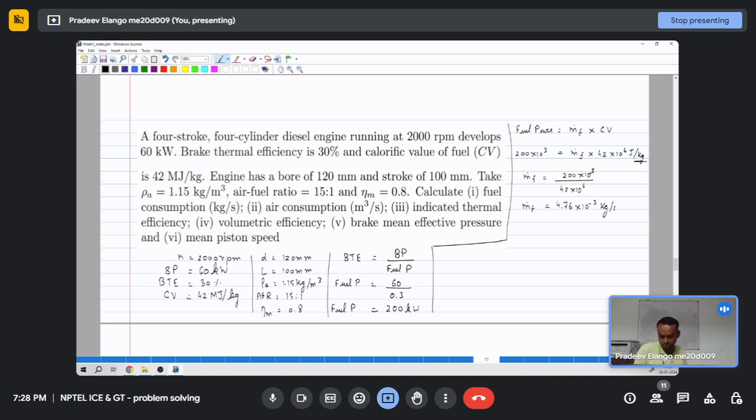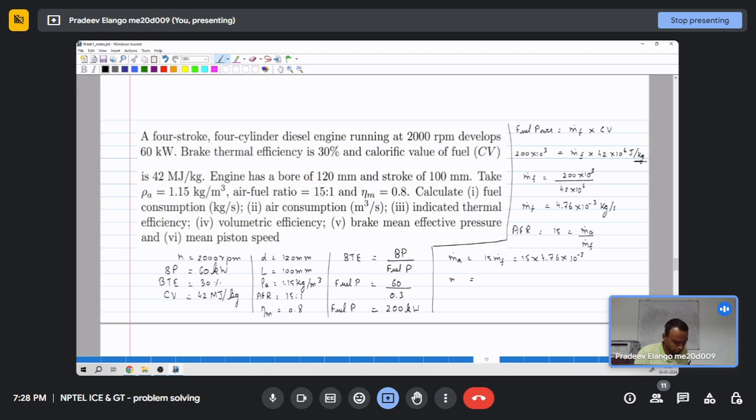Now next is air consumption. For air, we know the air fuel ratio AFR is 15:1. That is m dot A divided by m dot F is 15. So m dot A is 15 times m dot F, that is 15 into 4.76 into 10 power minus 3.